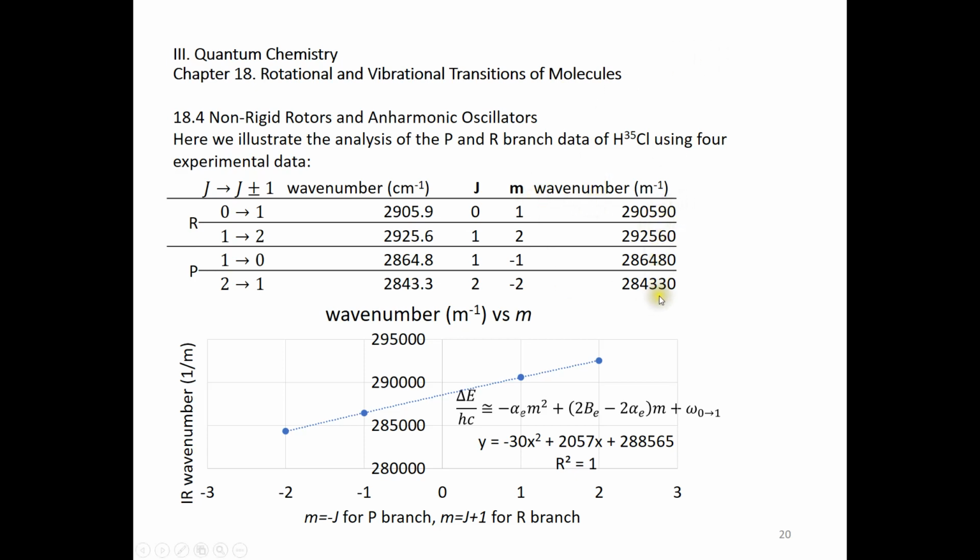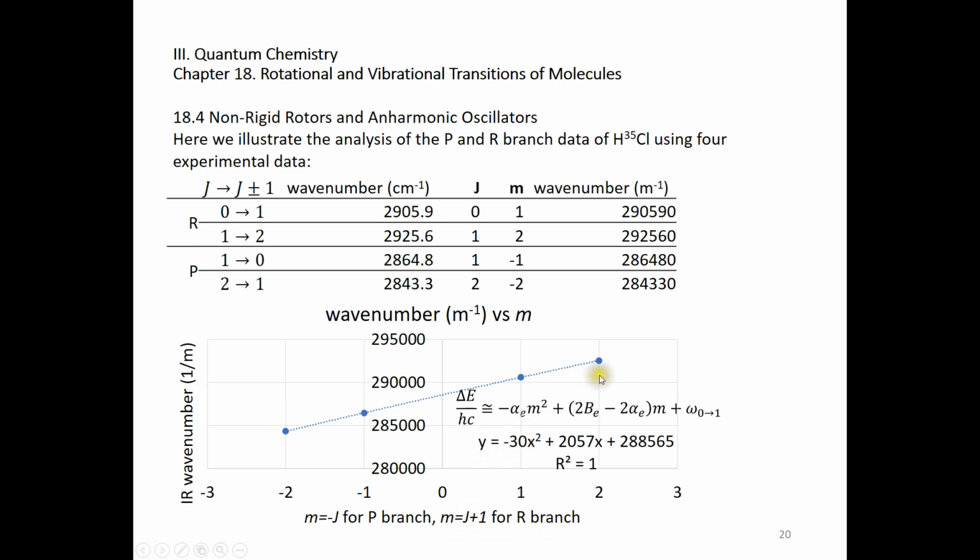Now we have 4 data points. We have these 4 wave numbers per meter, and we have the value of M. So we plot this graph, the infrared wave number in the unit of 1 over meter, and the horizontal axis is the value of M. M is negative J for the P branch, so we have P branch data here. M is J plus 1 for the R branch.